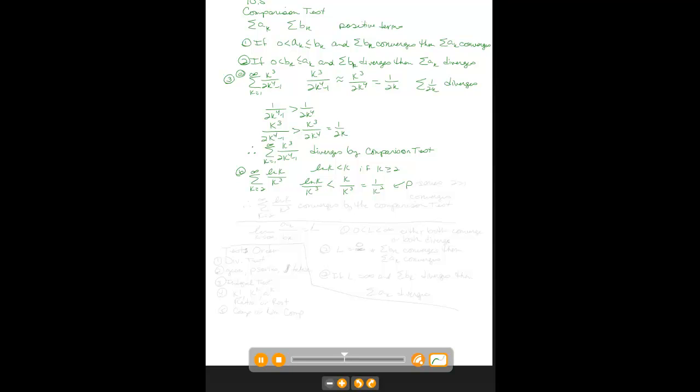That guy is a p-series, and the p-series says if the p is greater than 1, it converges. Well, the p is 2. 2 is greater than 1, so the series converges.